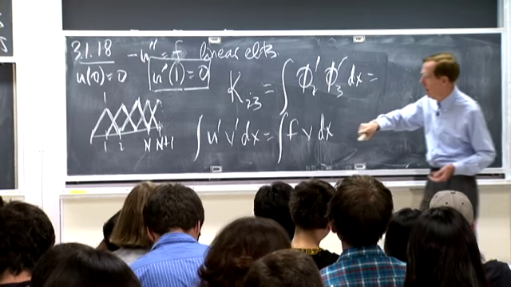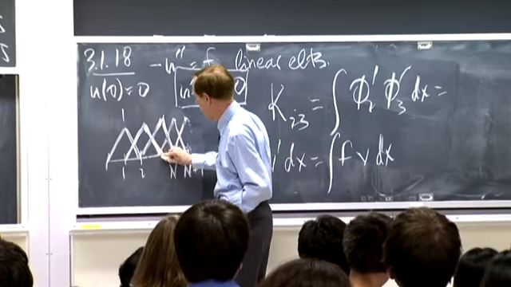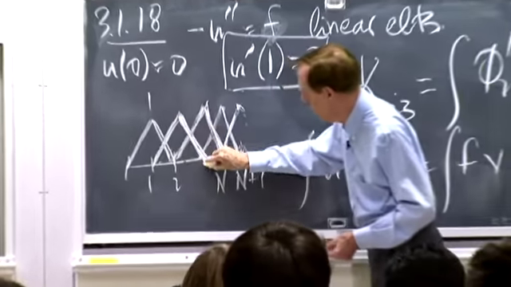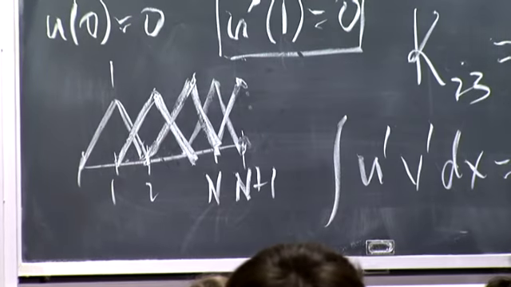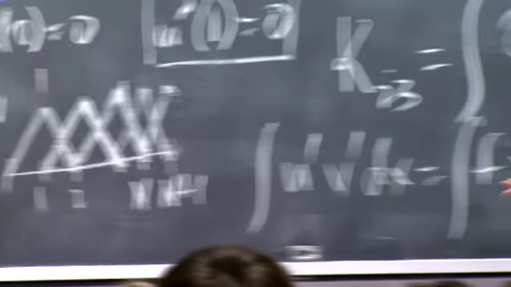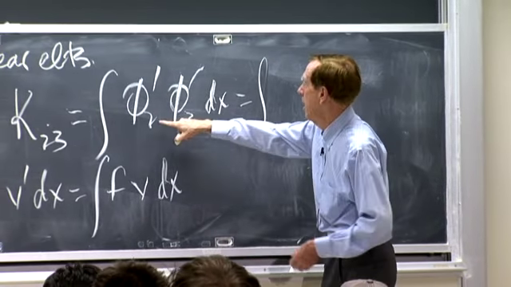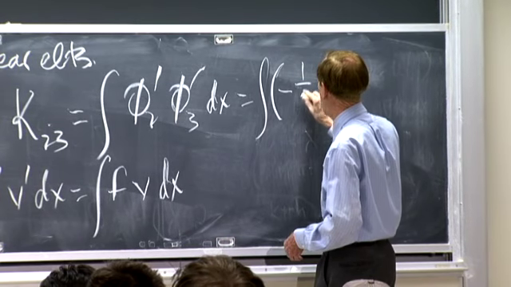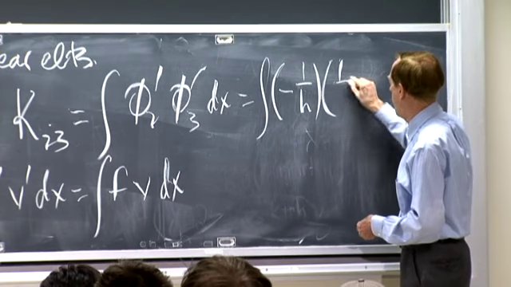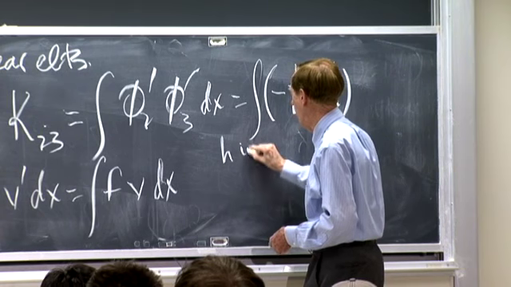Phi2 prime is, so where is this? This is it, and it overlaps this one. So when it overlaps, phi2 is coming down and phi3 is going up, and the slope is 1 over h, let's say. So I think I'm integrating a negative slope times a positive slope, and I'm really only integrating it over one h interval.